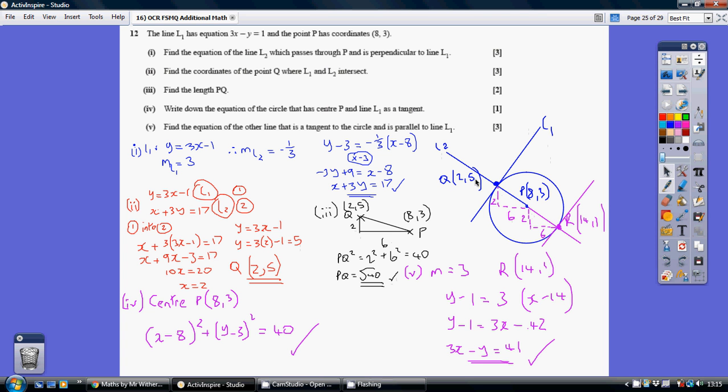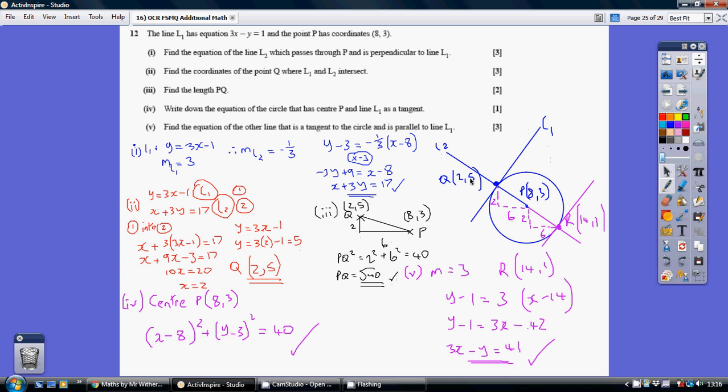So Q is (2, 5) and P is (8, 3). We know that Q must be on the circle itself because L1 and L2 are perpendicular to each other.